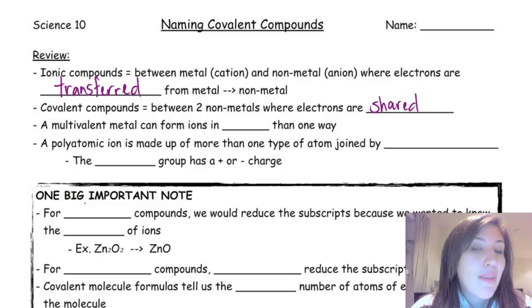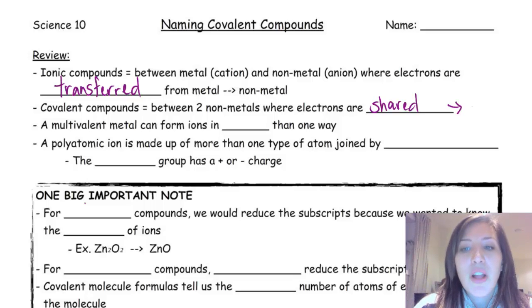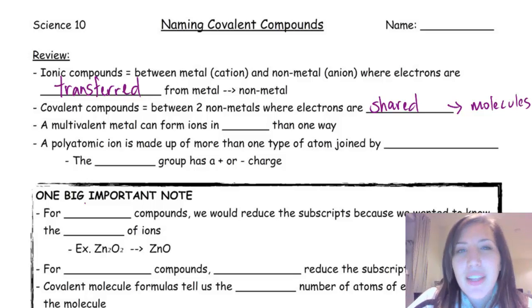We can draw Lewis and Bohr diagrams for both ionic and covalent compounds. Covalent compounds are also called molecules, so you might see this throughout your textbook talking about covalent molecules. That's just the same thing.